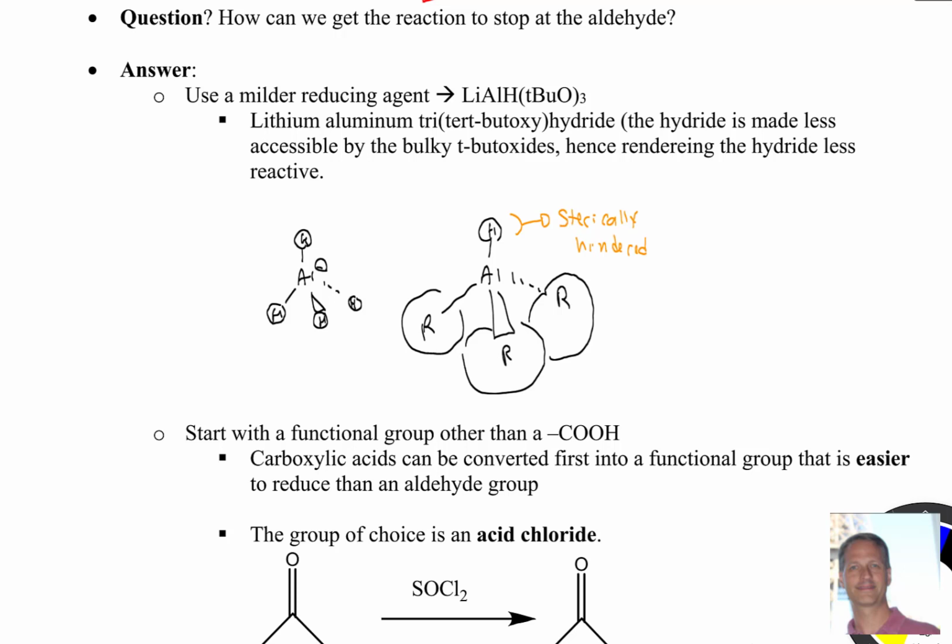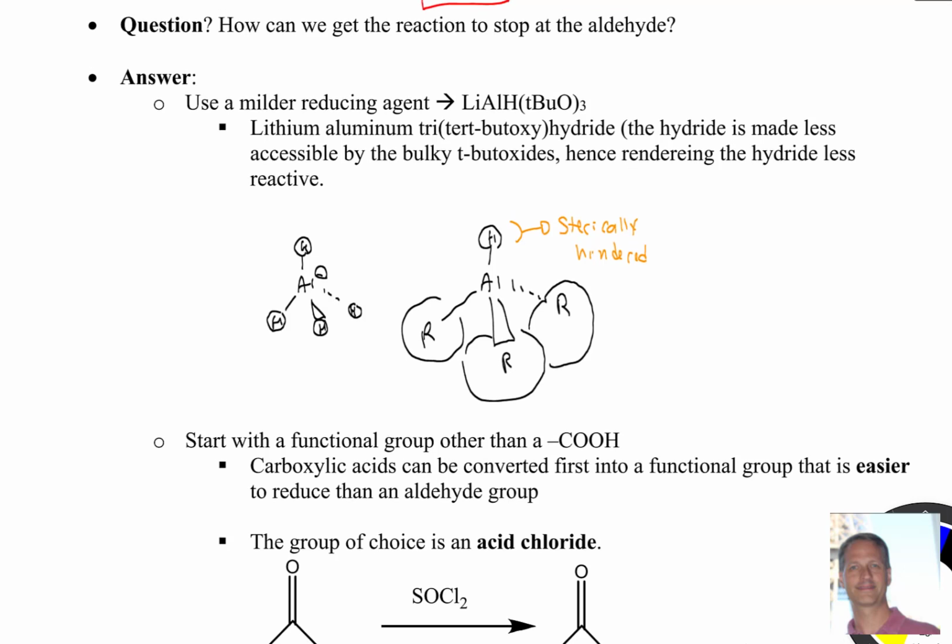So what we do is we put big R groups here with electron withdrawing properties. So we're pulling electron density away, right? So that's rendering the H of LAH a little less reactive. So we get this steric hindrance up here at the top, and we also end up having less reactivity because of the t-butoxides. So that's the first thing that we're going to do.